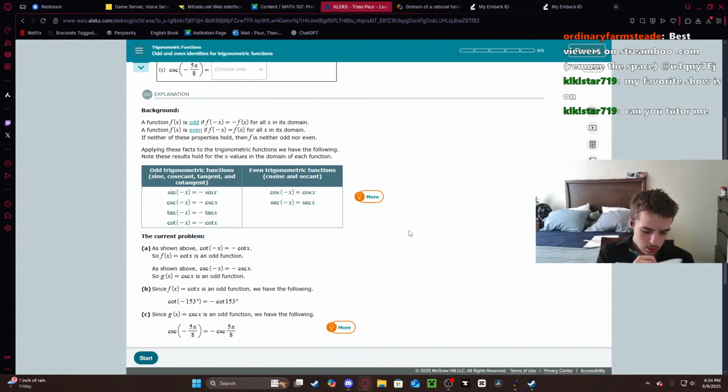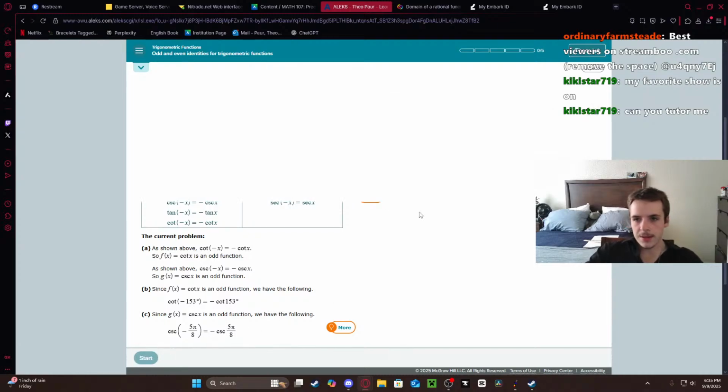Sine of -x equals negative sine of x, cosecant of -x equals negative cosecant of x, tan of -x equals negative tan of x, and cotangent of -x equals negative cotangent of x. Wow.